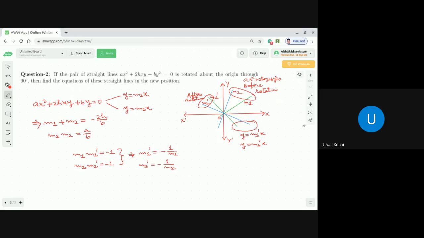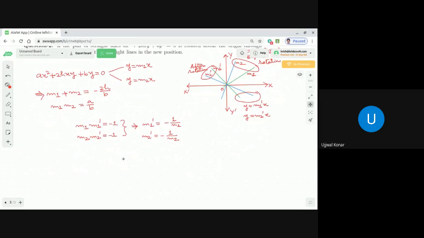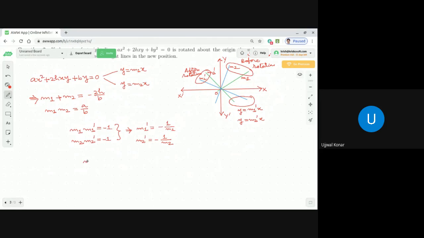Then in algebraic form, their joint representation should be y minus m1 dash x into y minus m2 dash x is equal to 0. Now m1 dash and m2 dash, the only way to proceed is to express them in terms of m1 and m2.